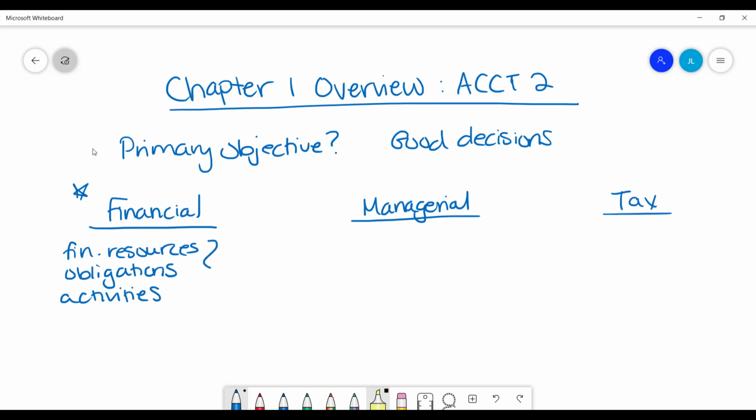The main purpose of this financial accounting information is to assist external users. That's going to be a key in this class. It assists external users of this information, like investors or creditors, and helps them to make what? Good decisions. It always goes back to that.